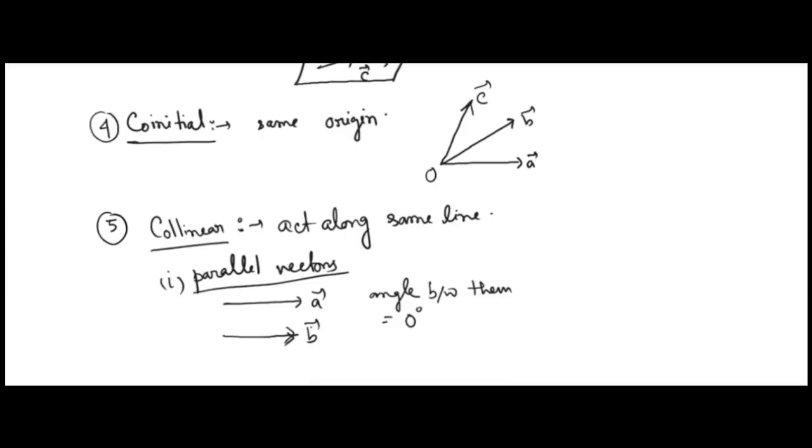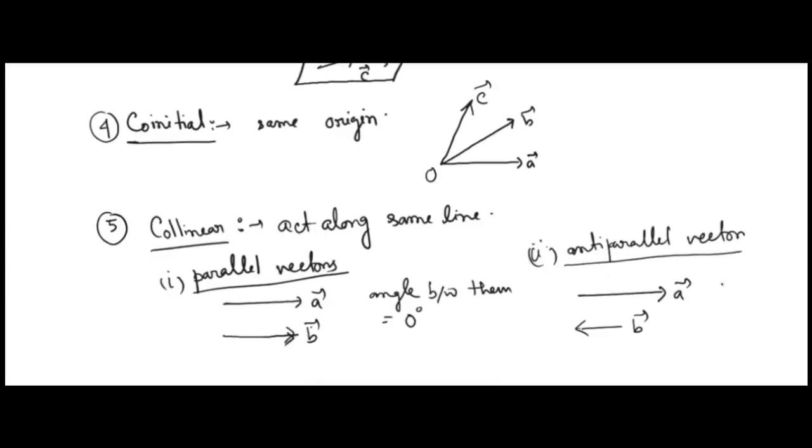And when the two collinear vectors act along the opposite direction, that means if A vector acts along this direction and B vector acts along the opposite direction, these two collinear vectors are called anti-parallel vectors. The angle between them is 180 degree.